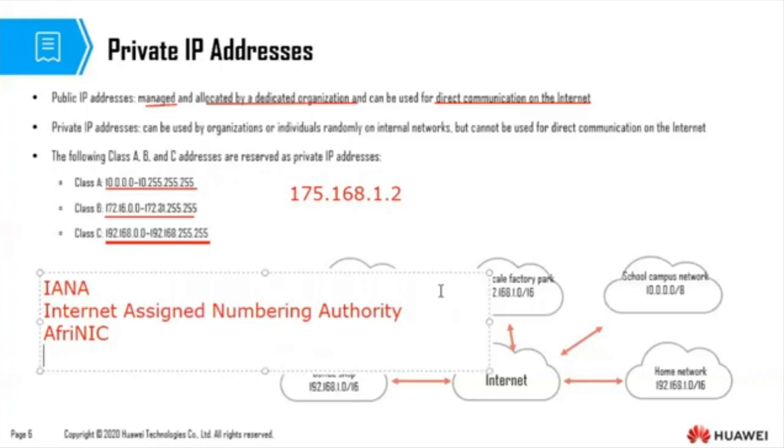So that is Afrinic. Afrinic, on the other hand, will assign countries certain blocks of IP addresses. For example, they can assign KENIC for Kenya. Then KENIC will assign blocks to ISPs.